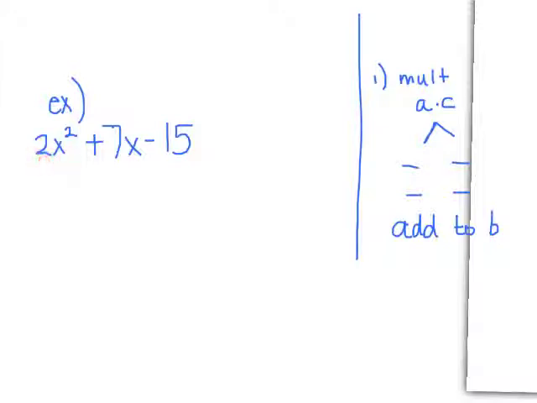So remember, it's ax squared plus bx plus c. So 2 times negative 15 is negative 30. And we want to find 2 numbers that multiply to 30 that will add to 7. So if you just want to list them all off, you can do that. 1 and 30, 2 and 15, 3 and 10. 4, we got to skip 5 and 6, and then you go to 6 and 5, which you're really starting to repeat yourself.